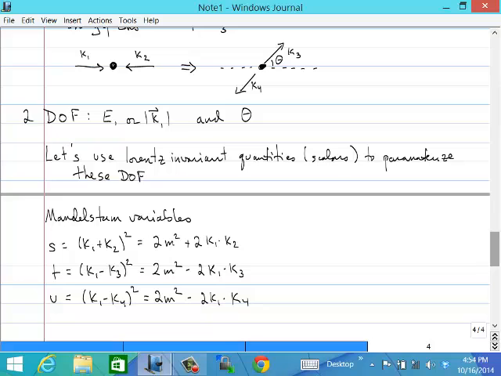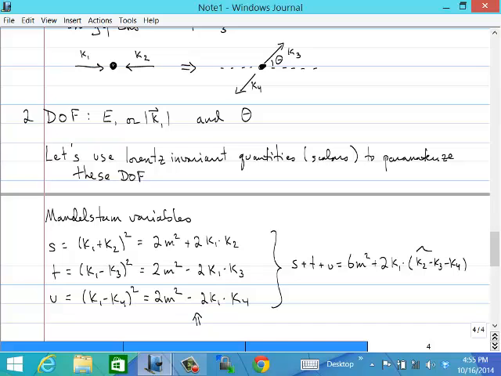Now, I told you that there were only 2 degrees of freedom, but I wrote down for you 3 variables. So you better not be surprised if I tell you that they're all related. In particular, if you sum the 3 Mandelstam variables, what do you get? Let's just sum up these expressions here. You get 6m squared plus 2 times k1 dot (k2 - k3 - k4).